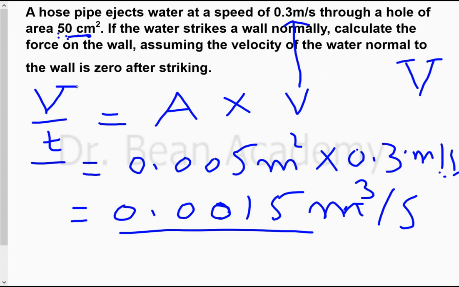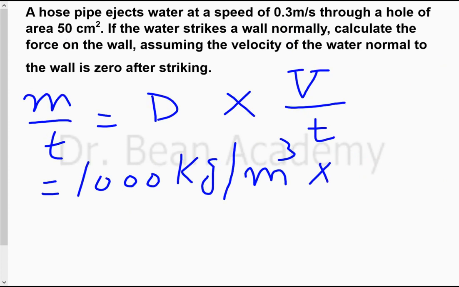Let's just remember that this V over T is volume over time, not velocity. It's 0.0015 meter cube per second. So 0.0015 meter cube per second.